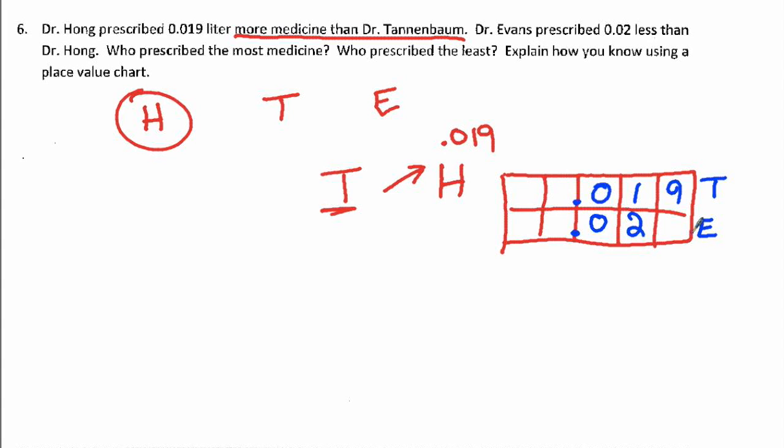Dr. Hong. We know Dr. Hong has the most because everybody else is prescribed less than what he has, right? So who do you think is the one with the second most amount? Dr. Evans. And who is the one with the least amount? Dr. Tannenbaum.